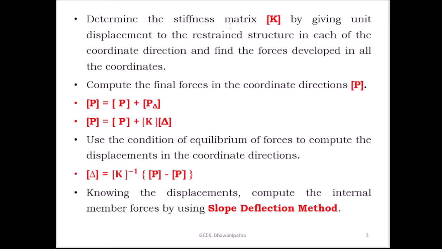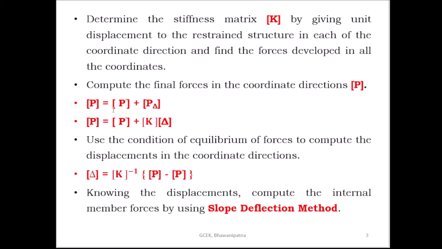Then determine the stiffness matrix by giving unit displacement to the restrained structure in each of the coordinate direction and find the forces developed in all the coordinates. Then compute the final forces in the coordinate directions.